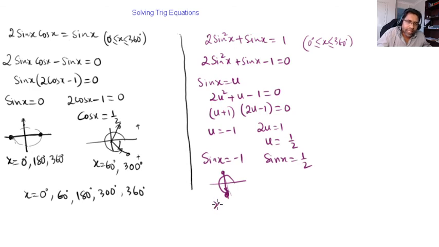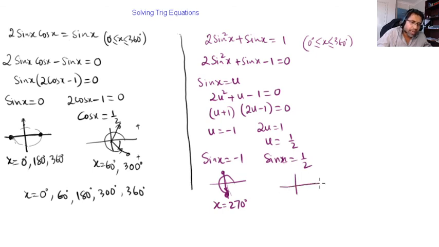So x will be 270 degrees, since sine 270 degrees is negative 1.